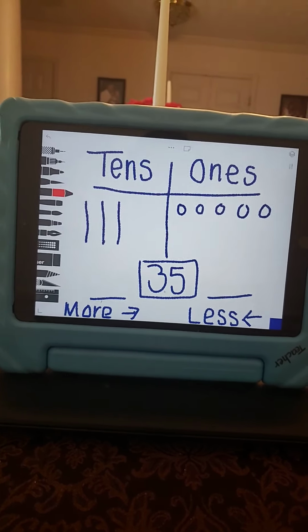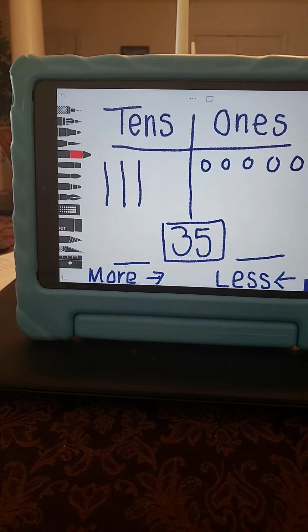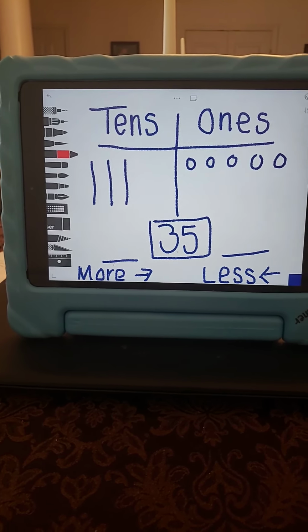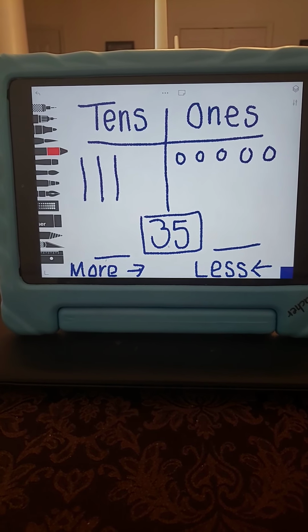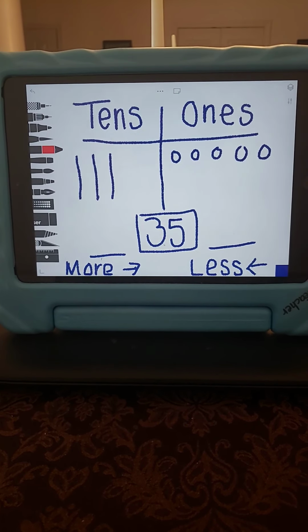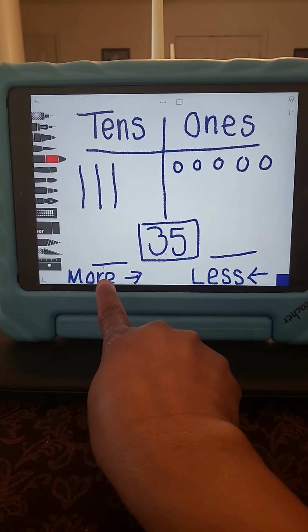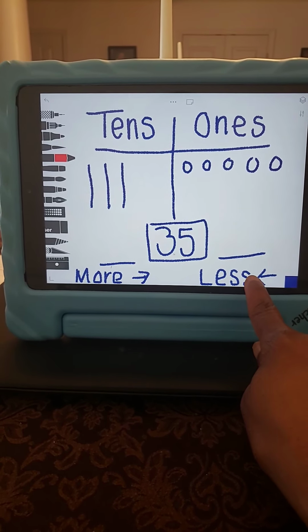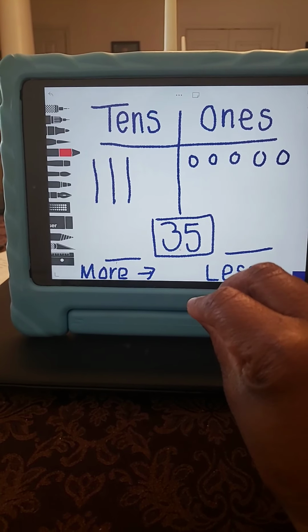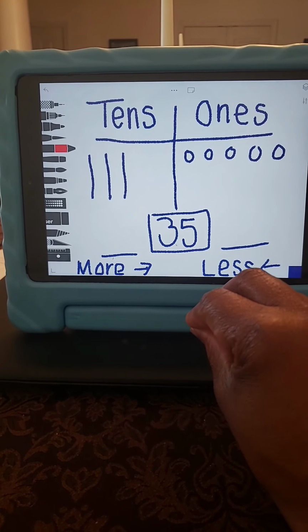Now, let's take it one step at a time, and I'm going to give you a little secret. Are you ready for my secret? Okay? When we're trying to figure out 10 more and 10 less, you only have to look at a certain number.